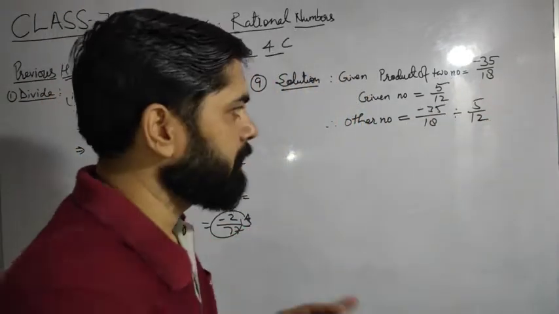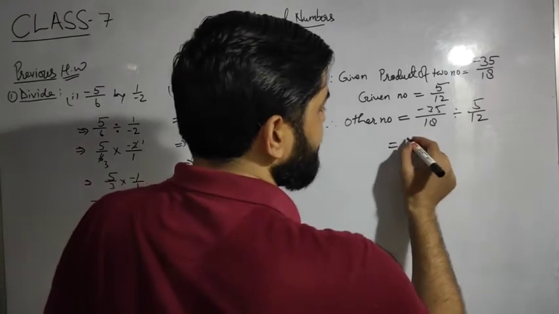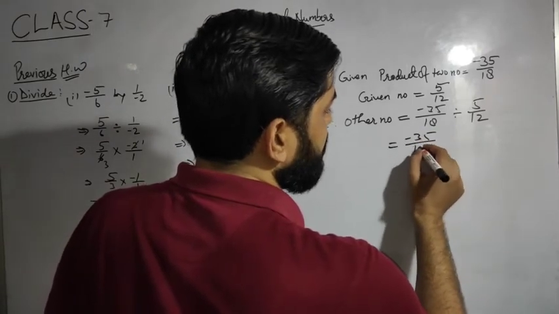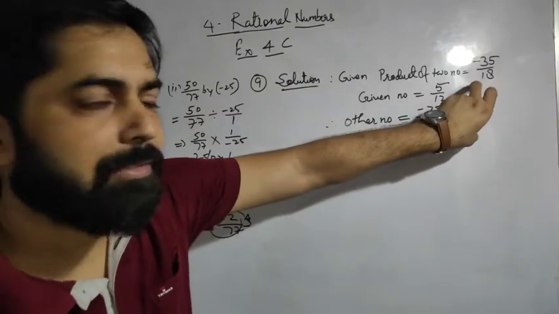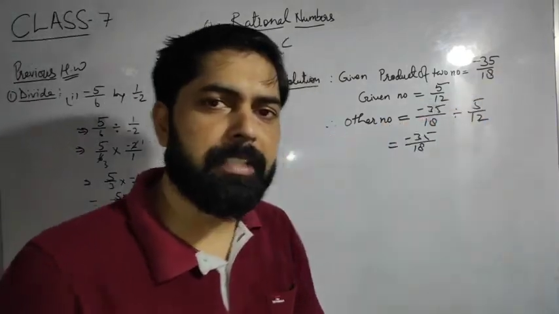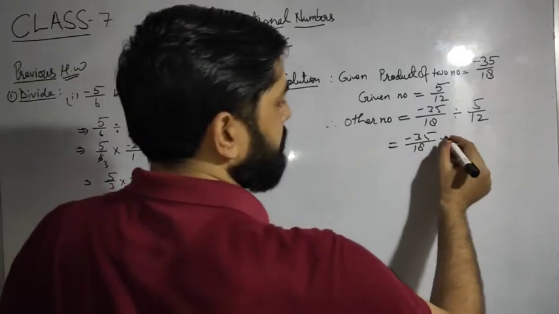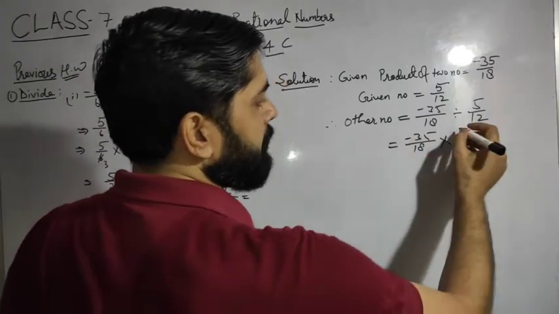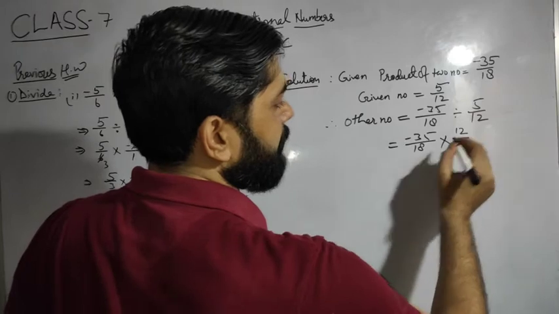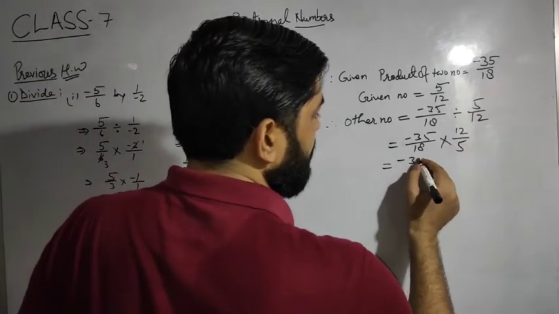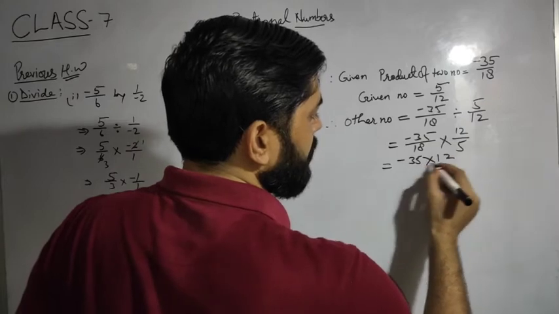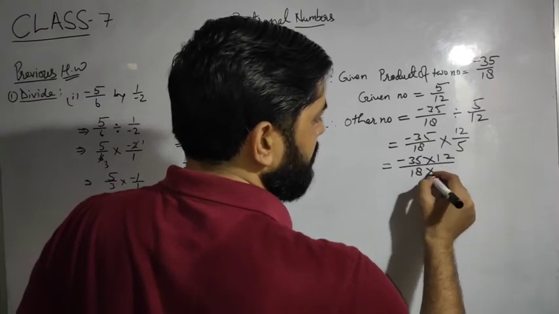Understood? Then minus 35 keep the same, because we take the reciprocal of only the second fraction. Then multiply, write division as multiplication, then 12 upon 5. It is okay? Okay. Then minus 35 multiplied by 12 upon 18 multiplied by 5.